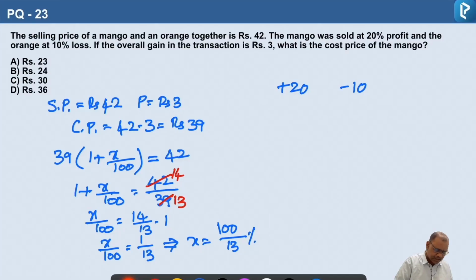Overall there is a profit of 100 by 13. Now let us use alligation and find the difference. So this is 20 minus 100 by 13.